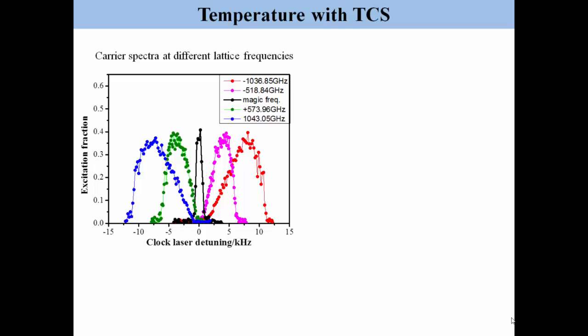Once the lattice is tuned off, the carrier has a light shift and will behave asymmetrically, with the steep edge facing the light shift direction. So the carriers are in excellent agreement with the theoretical prediction.